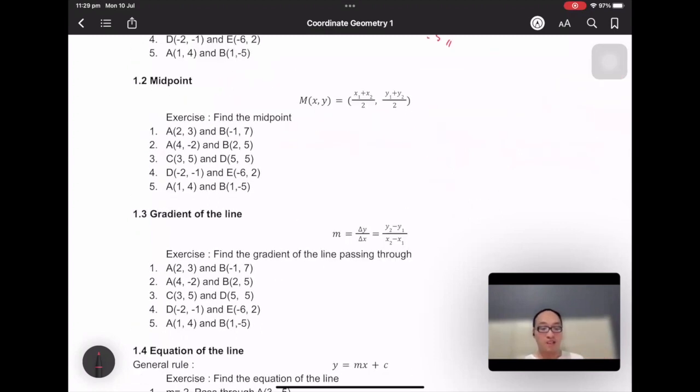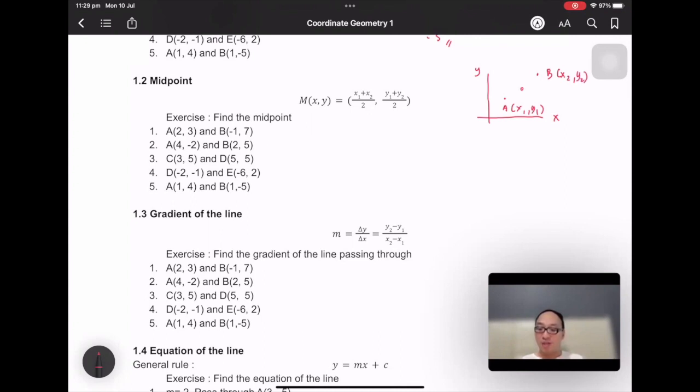Next, midpoint. The midpoint is the coordinate in the middle of two points. So for example, I have this Cartesian diagram, xy. This is coordinate A, x1, y1, and this is coordinate B, x2, y2.